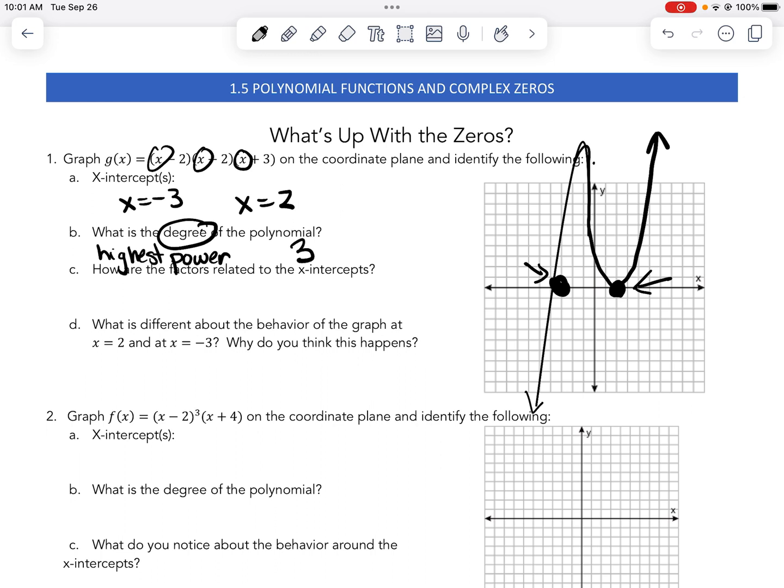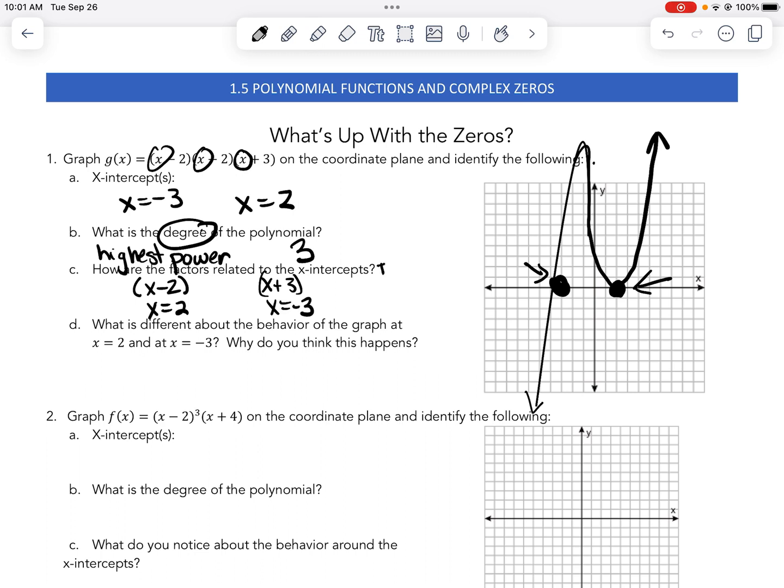How are the factors related to the x-intercepts? Well, for example, x minus 2 is a factor, and it crossed at x equals 2. X plus 3 was another factor, and it crossed at x equals -3.